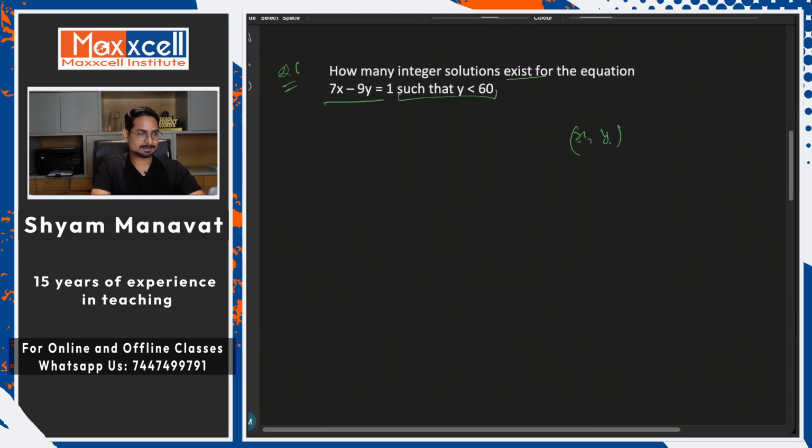Now how do you deal with this? First you write this equation in a way that you have one variable on the left hand side and the other variable on the right hand side. See what the benefit is, I'll tell you. If I have 7x minus 9y equal to 1, then you will have 7x equal to 1 plus 9y, right? Now you will have x equal to 1 plus 9y by 7.